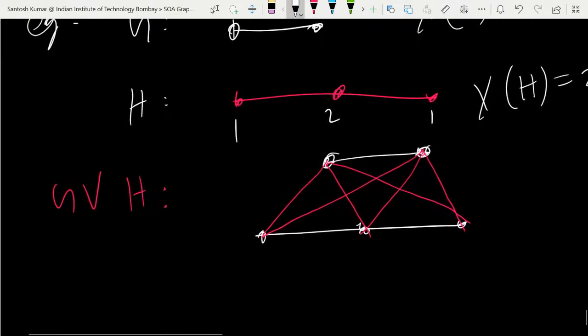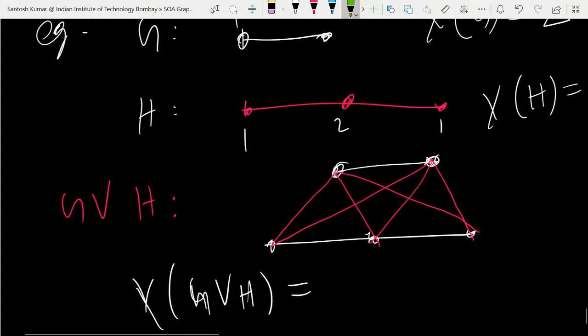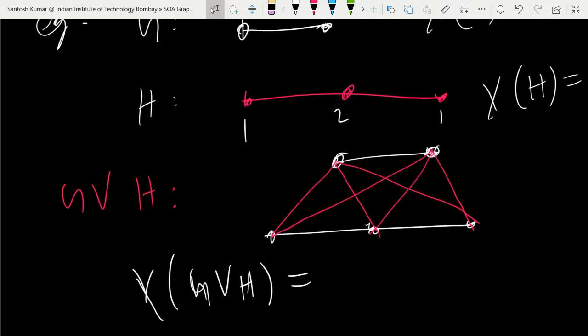So what is the chromatic number of G join H? So 4. Okay, you get 4. Anyone else?